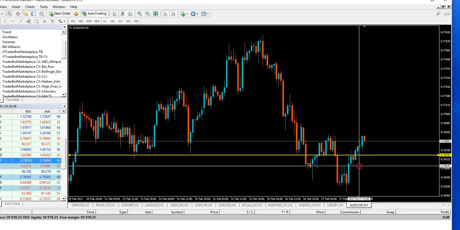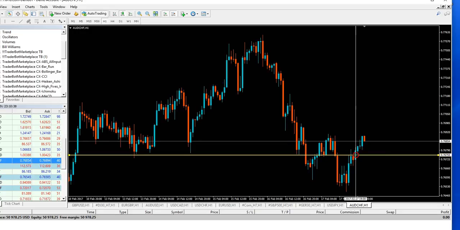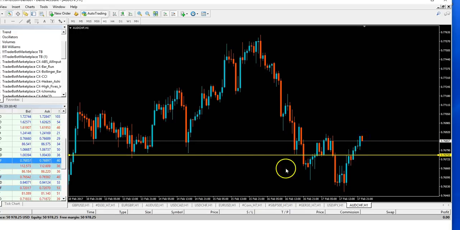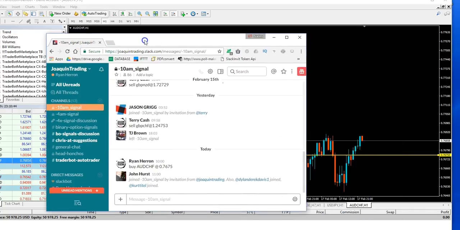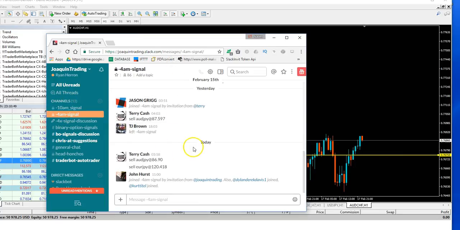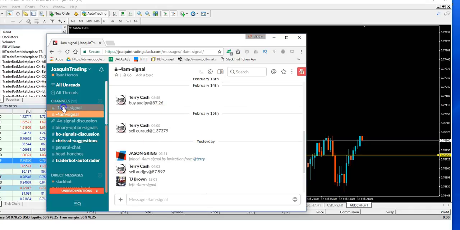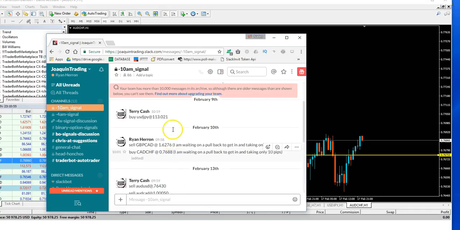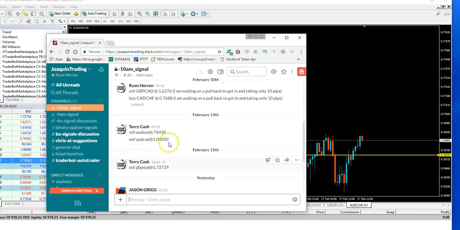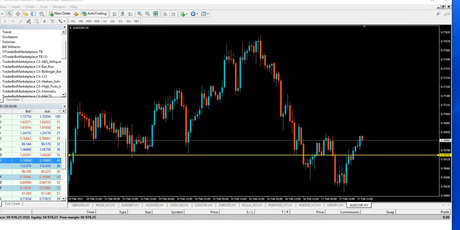Right there. So it went up 13 pips. I pulled out at 10 pips, but it's every morning at 4 a.m. and 10 a.m., every morning at the same time. So there's Forex signals.